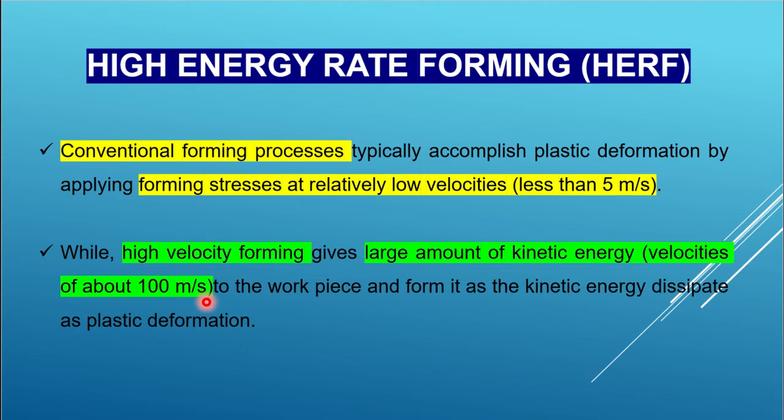In conventional forming, if we are hammering a particular material, the velocity will obviously be less, right? So in conventional forming processes, the velocities are usually less than 5 meter per second. But in high velocity forming, we are giving a large amount of velocity, that is a large amount of kinetic energy, and the velocity is normally about 100 meter per second. In this way, high energy rate forming processes deform the material.